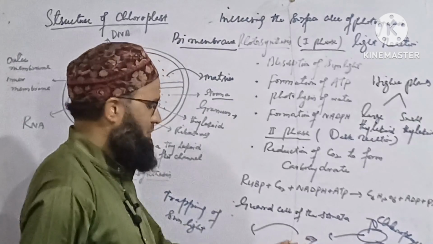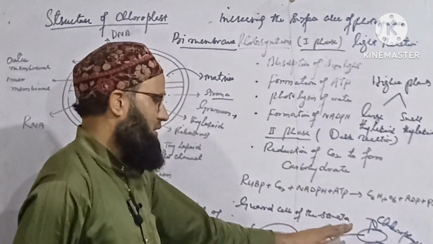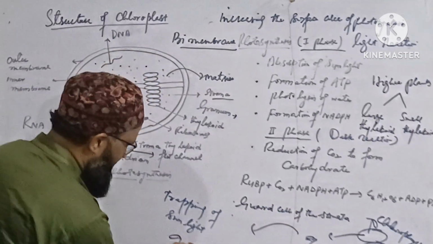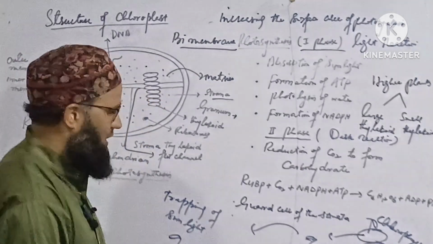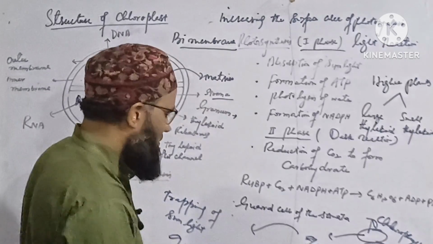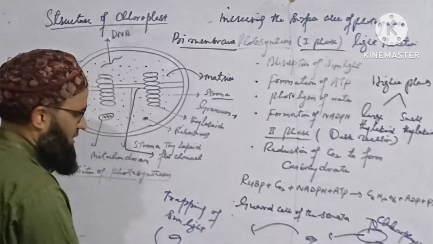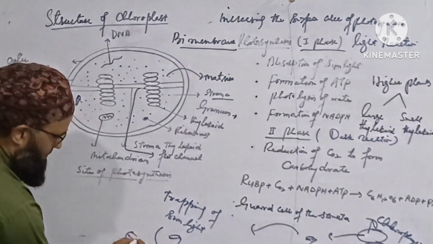These accessory pigments then transfer the light, the packed energy of the light, which is called the quantum. The quantum energy of the light is transferred to the chlorophyll, and when chlorophyll receives the quantum energy of the light, it gets excited.